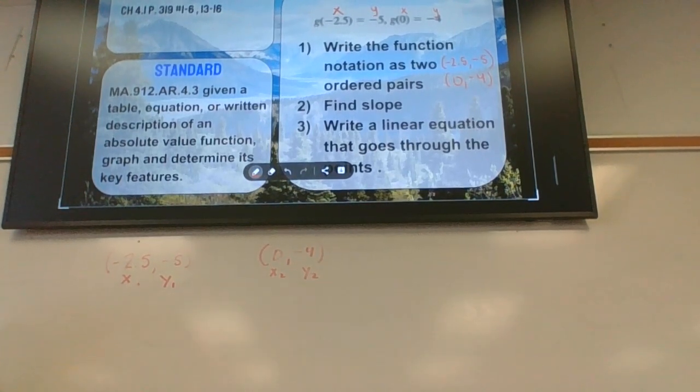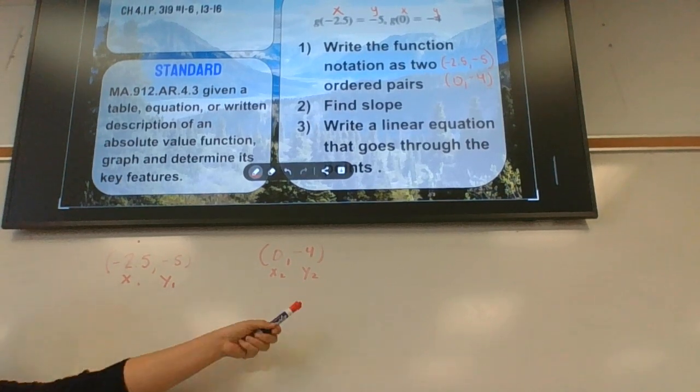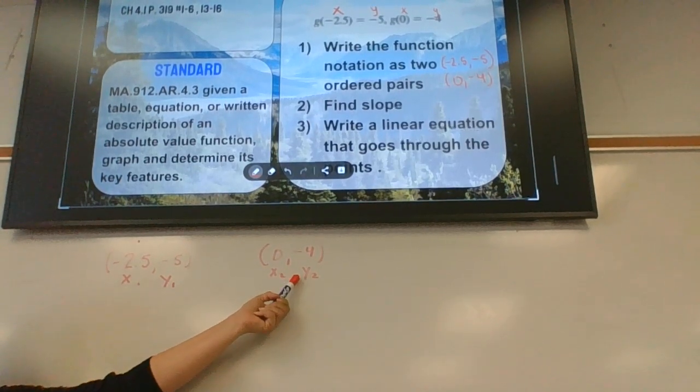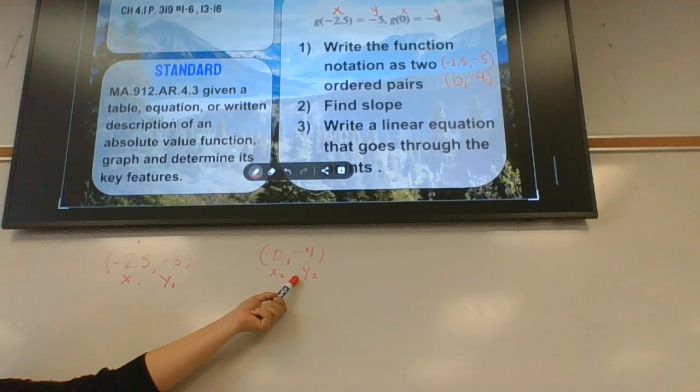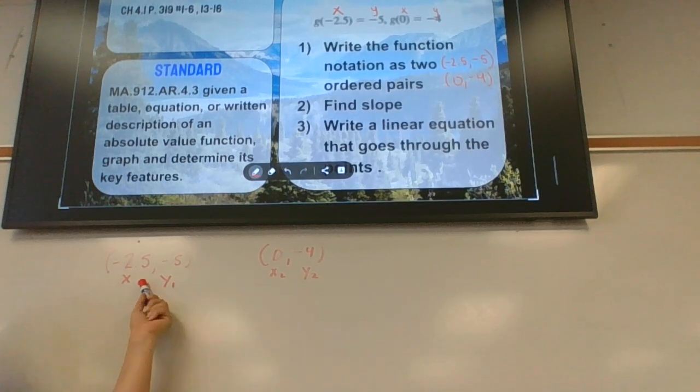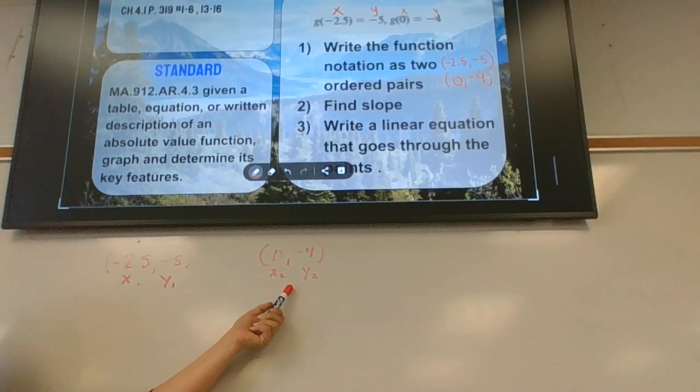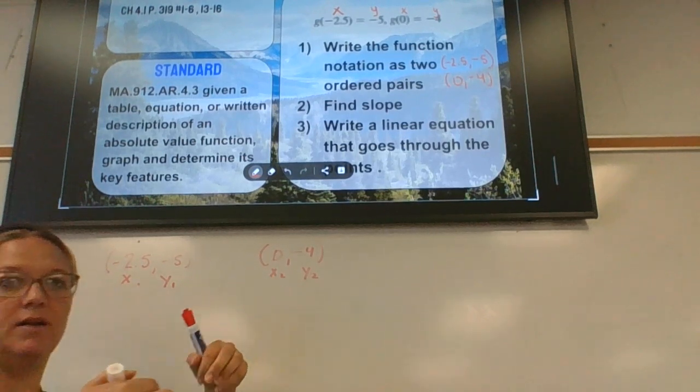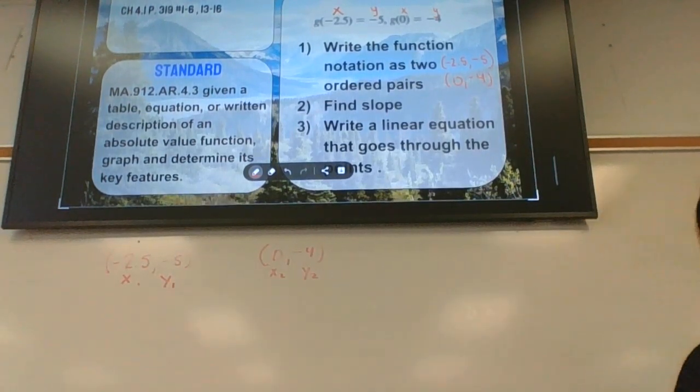And I'm particularly fond of this point because I know that that's another important part of the equation. What's so special about this one? This one is more special than this one. Why? Yes, and what does that mean about it? It's the y-intercept.